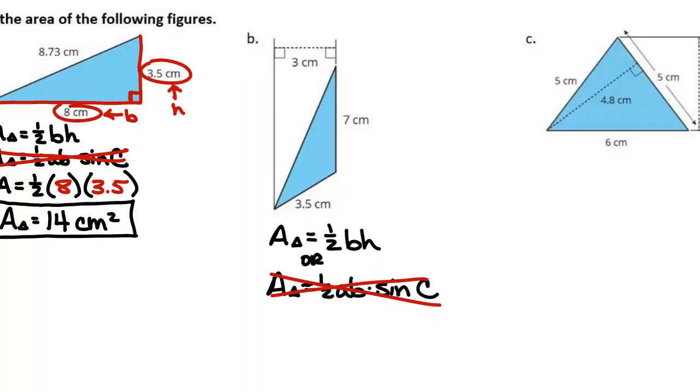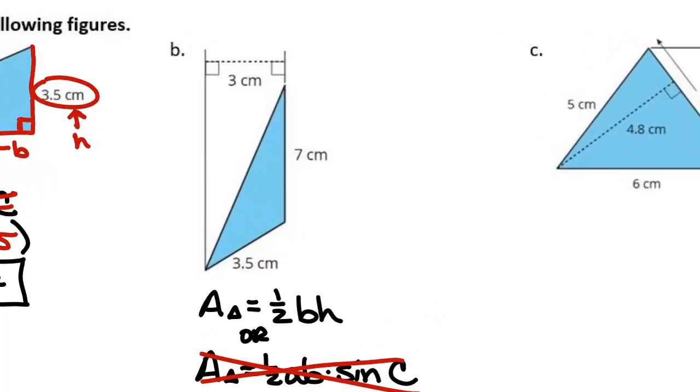The base and the height have to be perpendicular to each other. Do we have that? Do I have a side and the length of something that is perpendicular to it? Which side do I have?